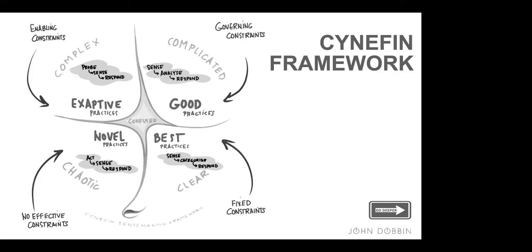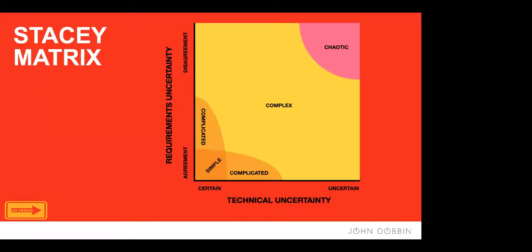Working within that constraint of work scope, we can achieve a solution. And that's the complicated domain. It's similar to the last one, the simple. And now we're going to go to the complex.